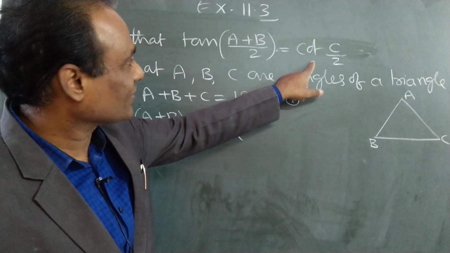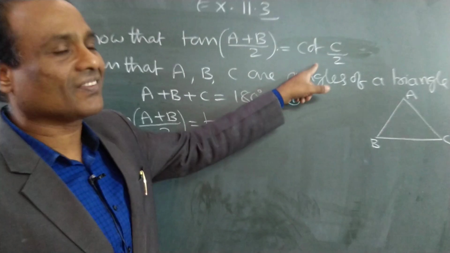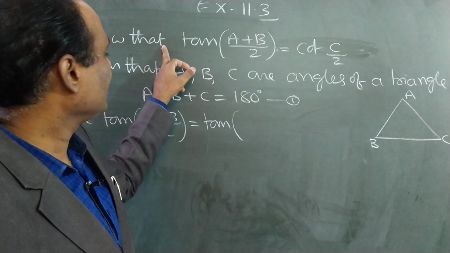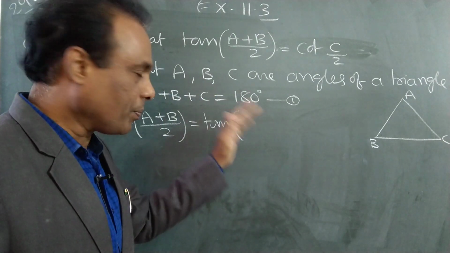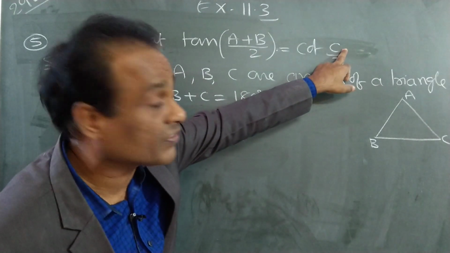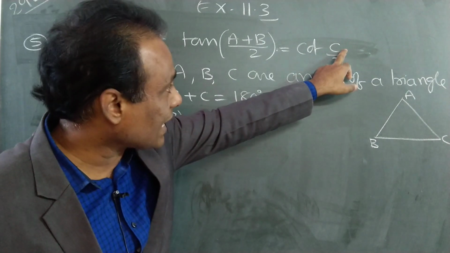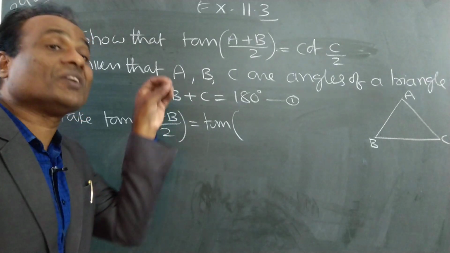We have to get this. Take this, do some simplification, use the formulas and get this answer. The answer is in terms of C. There is no A or B in it. So we have to remove A and B and introduce C.